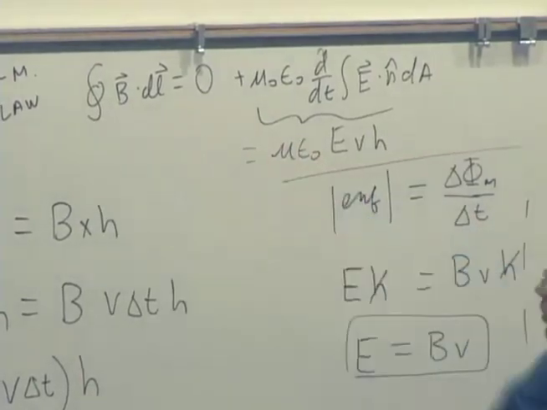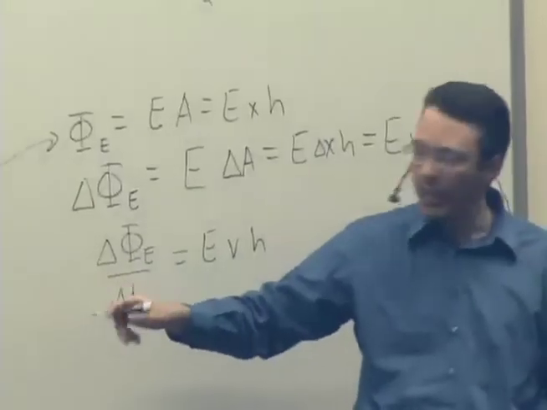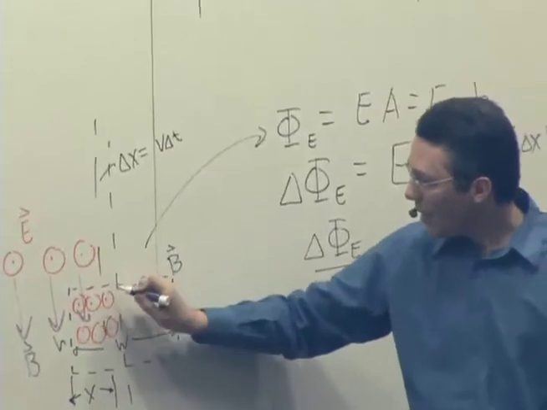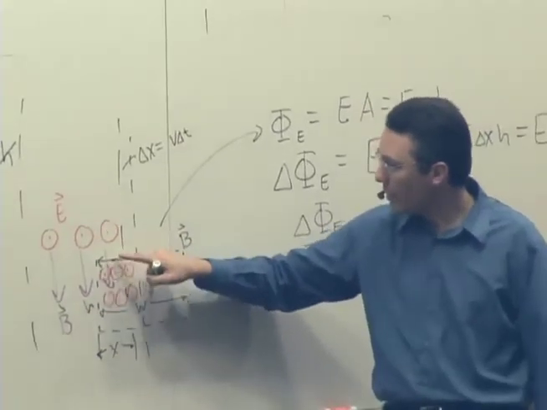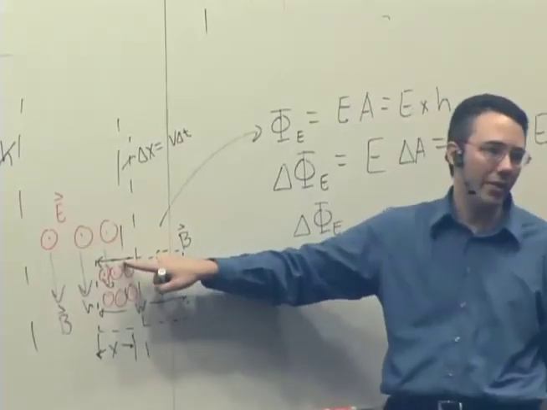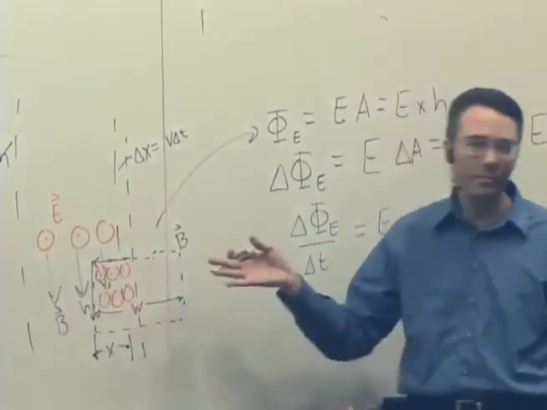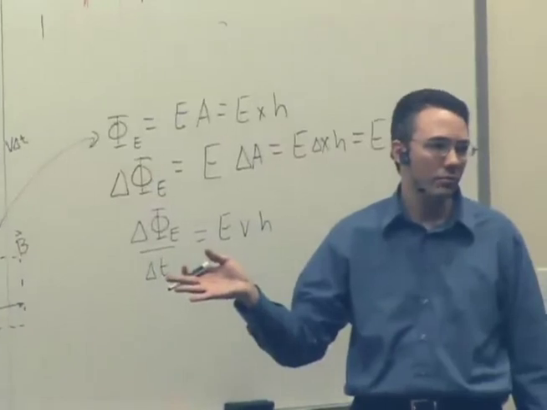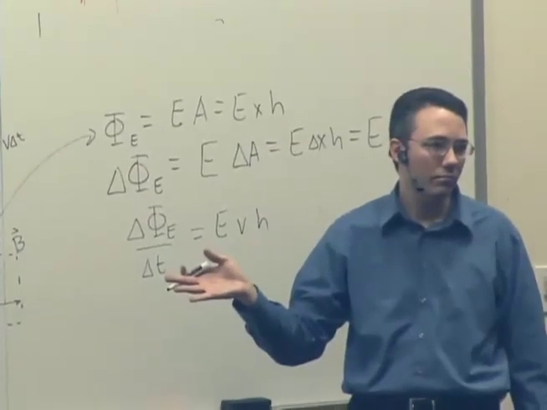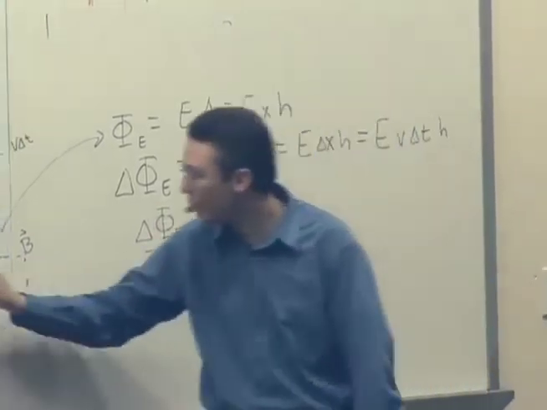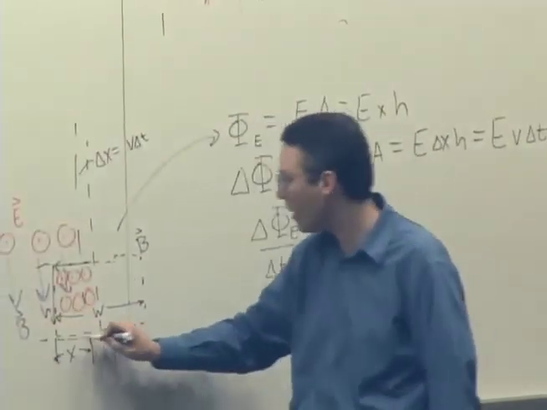On the other side of the equation, I have B dot delta L, and I do the exact same type of path integral again. Out here, the magnetic field is equal to 0. Along this part of the path, the magnetic field is perpendicular to the path, so I get 0. And then I go downward, and that's going to contribute B times H. So this part of the path gives me B times H, and everywhere else gives me 0.